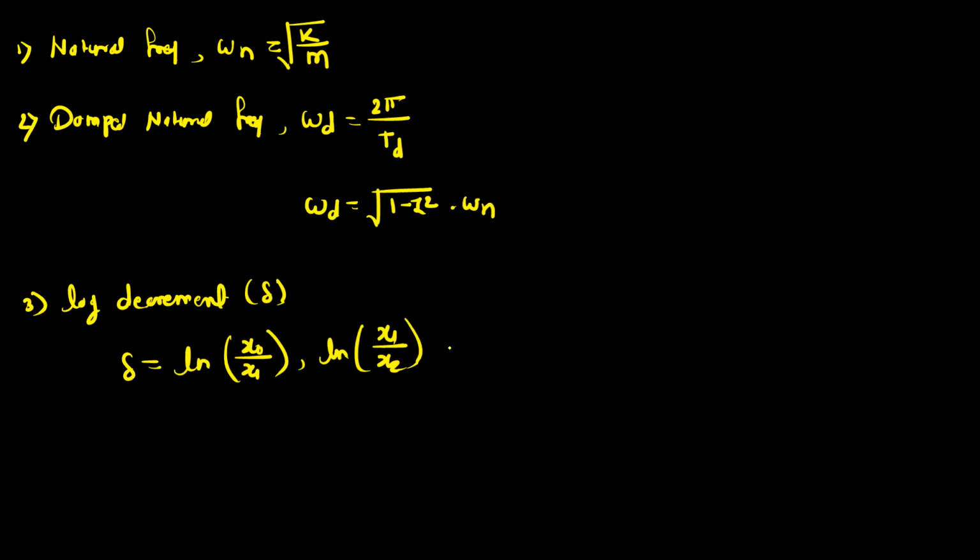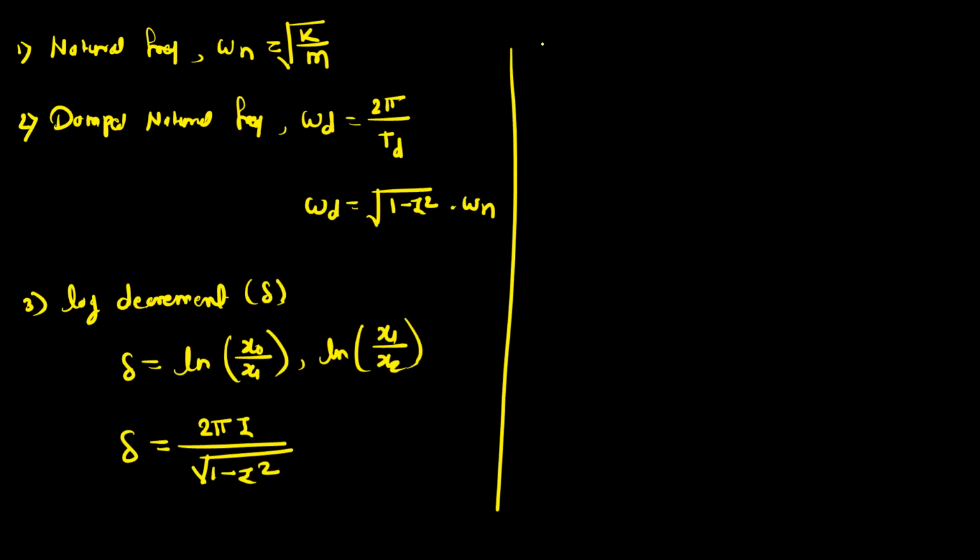Take any two successive values. Then the second formula for delta in terms of zeta is equal to 2 pi zeta upon square root of 1 minus zeta square.